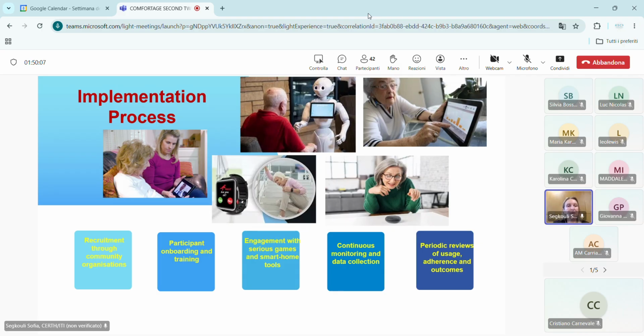Afterwards, participants are trained in the specific technologies and engaged in the serious games that we have on our platform. We have integrated continuous monitoring and data collection, and also periodic reviews of users' adherence and outcomes of the work.